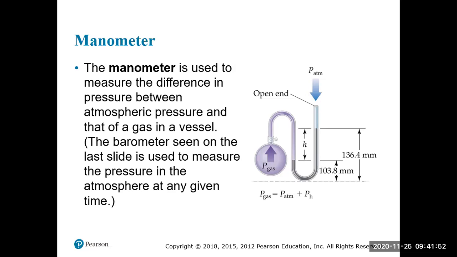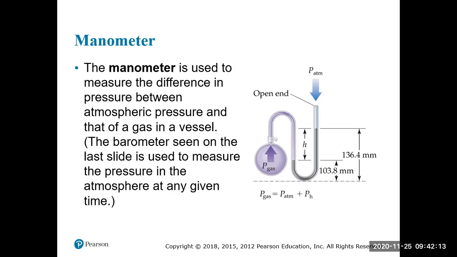The other side is open to the atmosphere. On the open end, you have the atmospheric pressure pushing down on the mercury. On the other end, where you've connected it to the container, the pressure in there is pushing out onto the mercury.